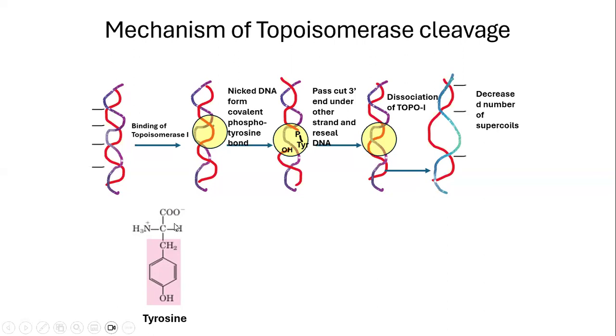This is the structure of the amino acid tyrosine, and within its R group it contains a hydroxyl group. This hydroxyl group is going to act as a nucleophile, and it attacks the phosphate of the phosphodiester backbone. In this process, the hydroxyl group of the tyrosine residue will form a bond with the phosphate group, and the other end will contain a hydroxyl group now.